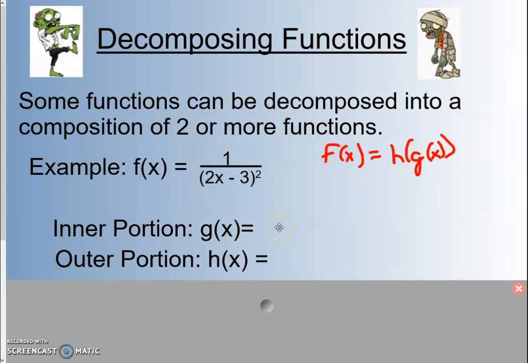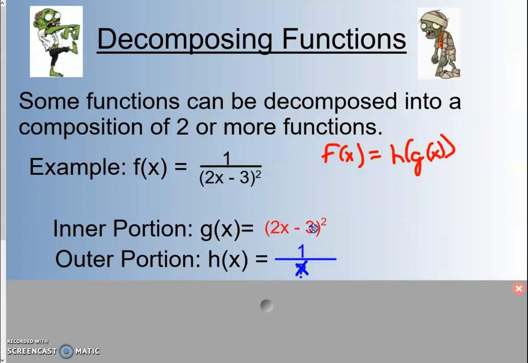Well, there's a lot of things you can do, but I'm thinking a nice inner portion might be 2x minus 3 quantity squared. It's just a quadratic. And if that's g of x, what's h of x have to be so we end up with this? Well, obviously h of x has to be a fraction. And in this case, we can make it 1 over whatever it needs to be. And in this case, it needs to be 1 over x. And that way, when you compose these functions, we'll put this g function into the h function, and it will look just like the f function.